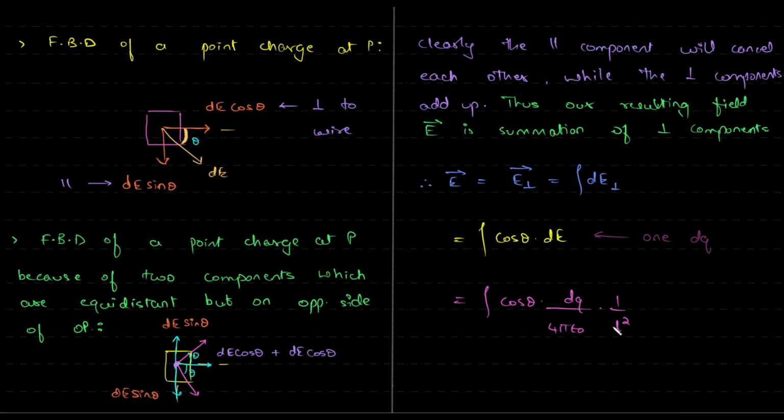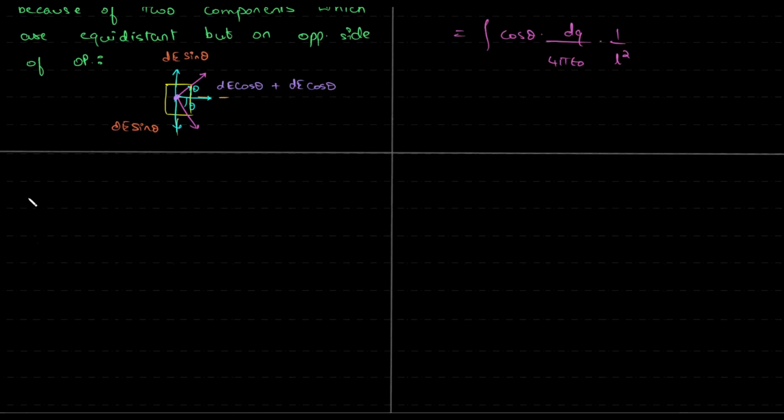Now, that's good enough. But can we integrate this? We have L that is changing, theta that is changing, 4 pi epsilon naught is constant. And the direction is not changing because everything is in one direction. So this is good. But the problem here is how will we integrate this? This is where our smartness comes. What is this?